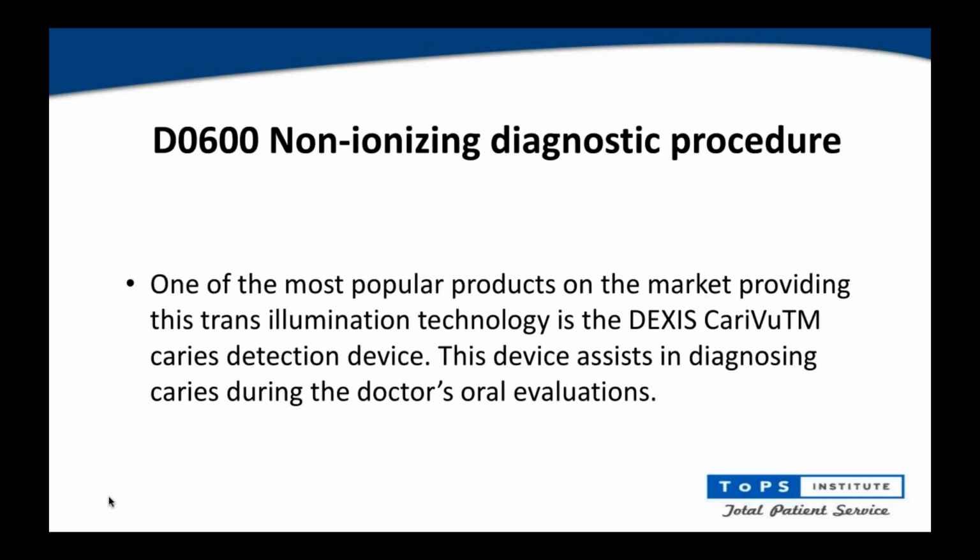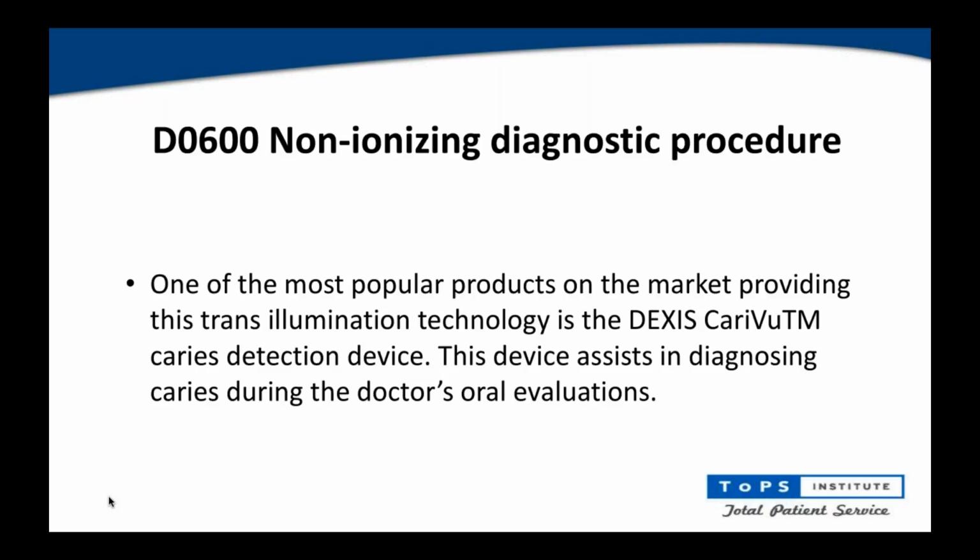A year or so ago, there was new information in gathering a dental disease for our patients, and they called it transillumination technology. The company, Dexis, has the biggest one on the market right now, the CariVu, and because it's a great diagnostic code, the CDT has given us an actual code that we can use in billing for, and that's going to be the D0600. So if you're using a CariVu, it's the illumination process in diagnosing dental caries disease.